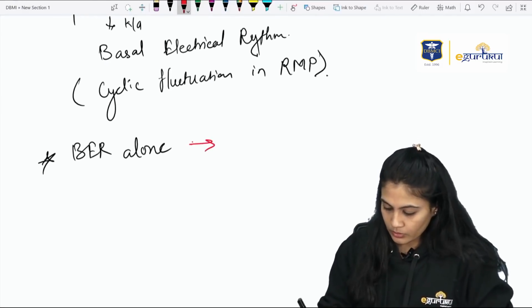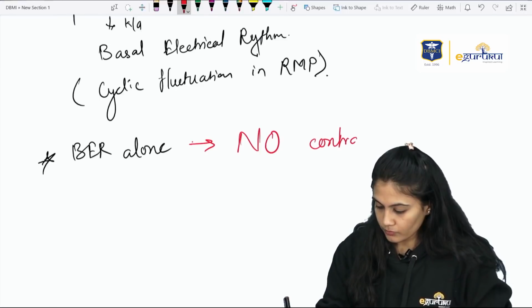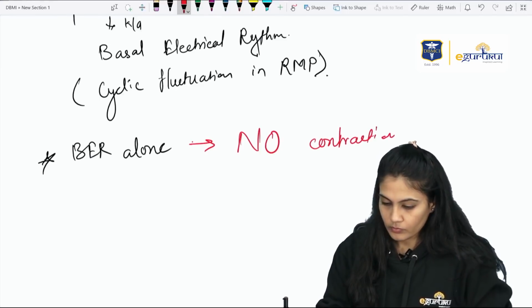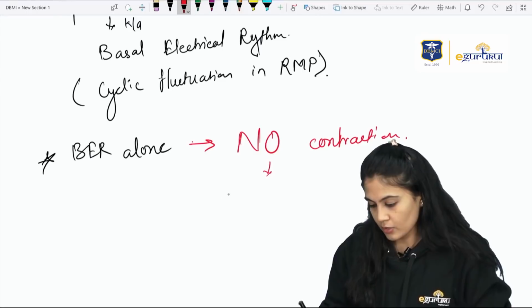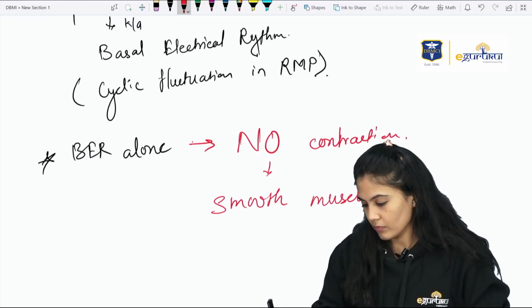If they are alone, there will be no contraction, or you can say the smooth muscle fails to contract if the BER alone is there.